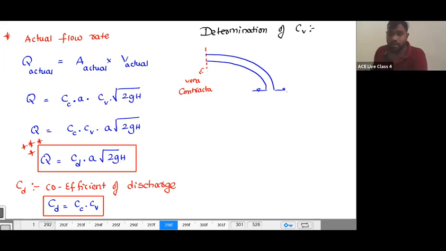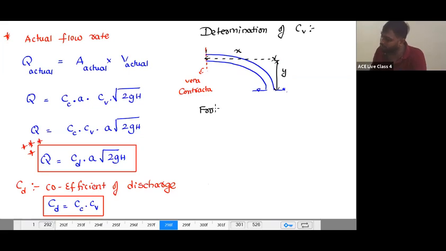Now, from the basic kinematics, let's say that from the center line the jet travels a horizontal distance of x and a vertical distance of y.